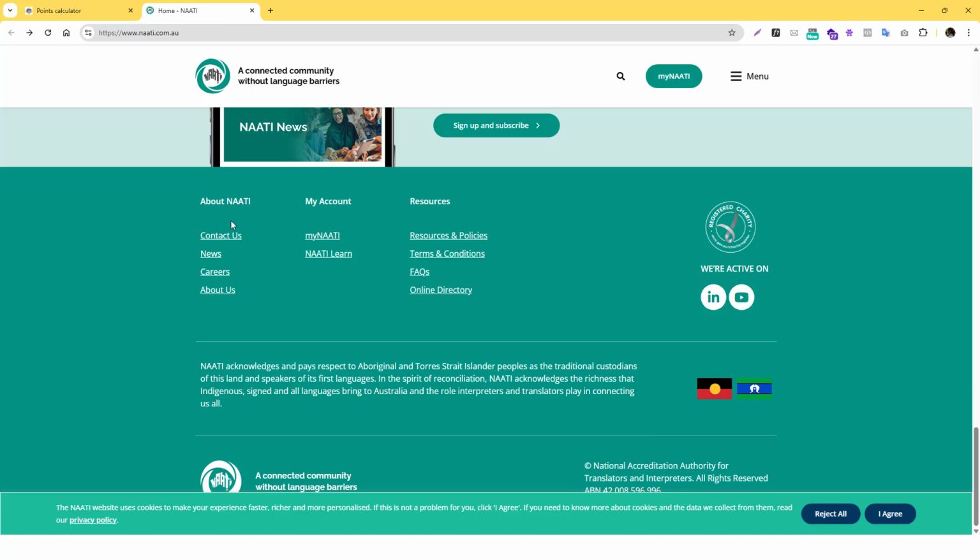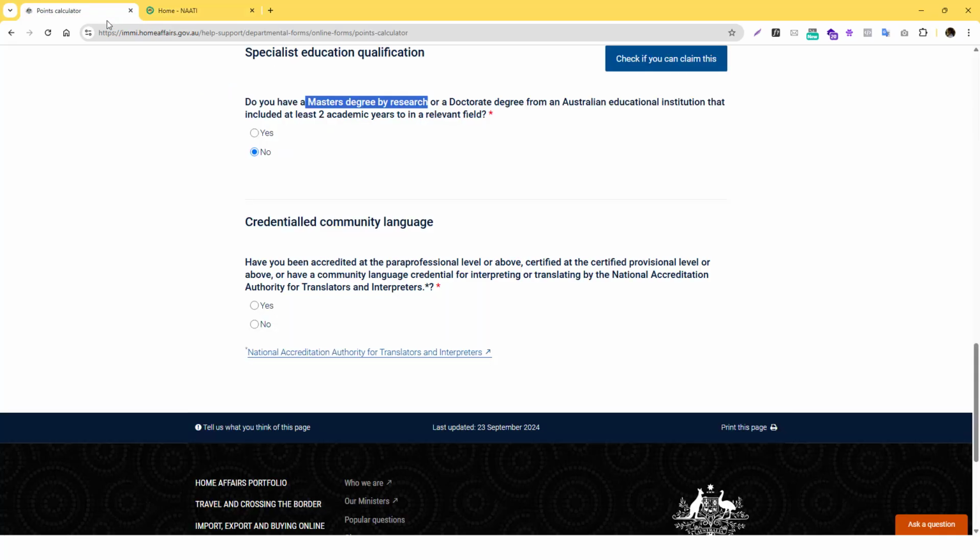So if you can take NAATI, take NAATI. The only disadvantage with NAATI is that it's expensive. I think it's $500 or $800, I'm not so sure about it. But once you pass, the expiration is not that short. The validity of NAATI is at least 5 years, which is good.